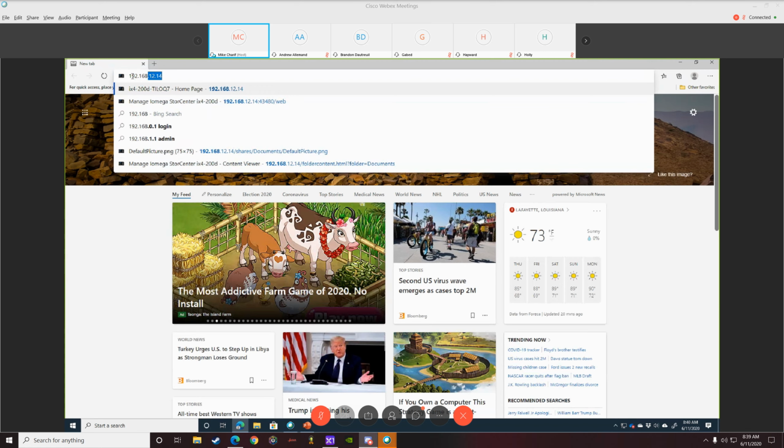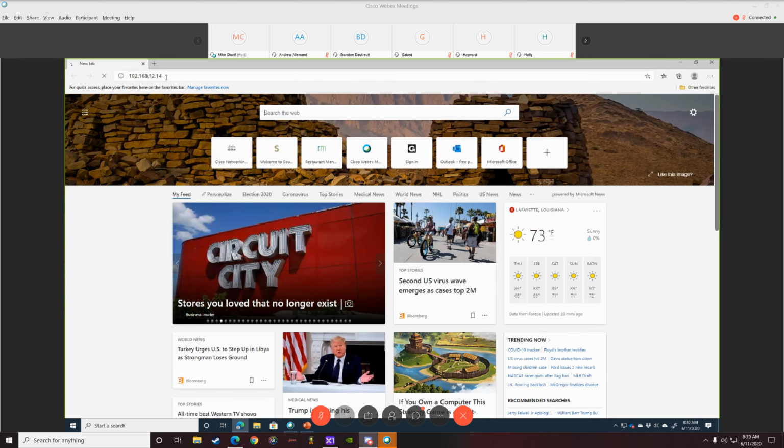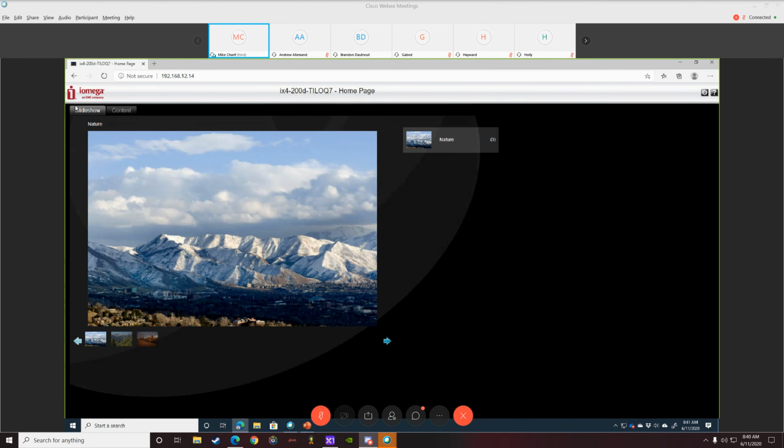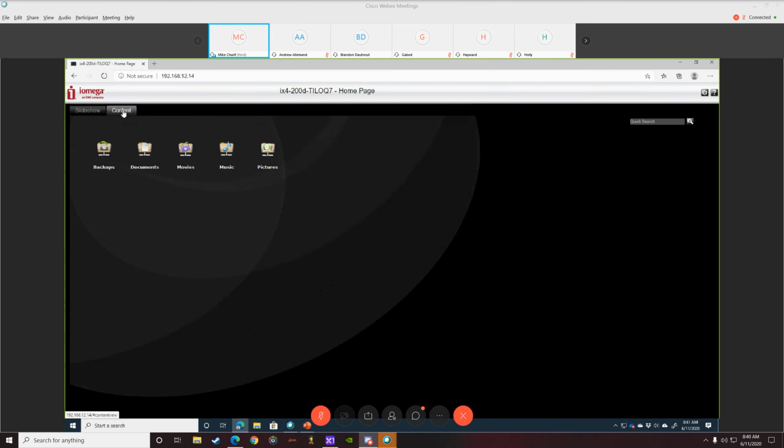I can use it as an FTP server. See that? I used to have that iOmega stuff, and I access it through my network. And you can put whatever you want on here. You can save whatever you want.